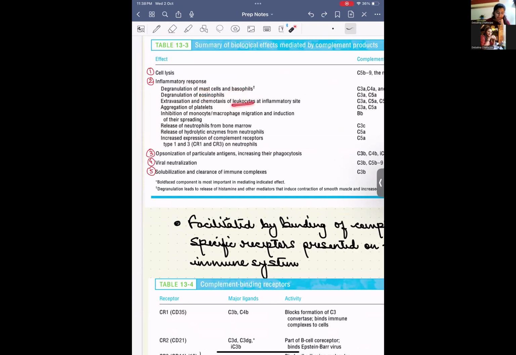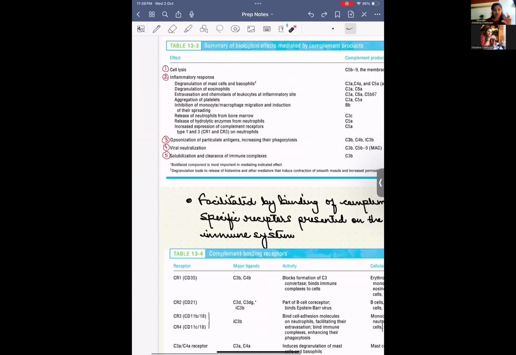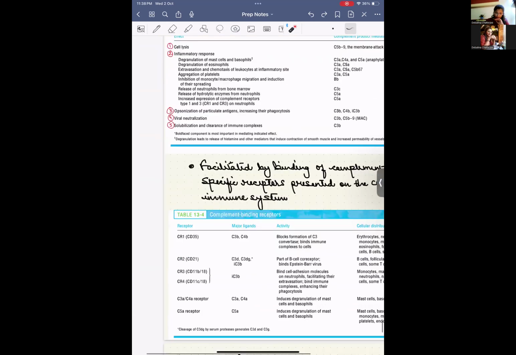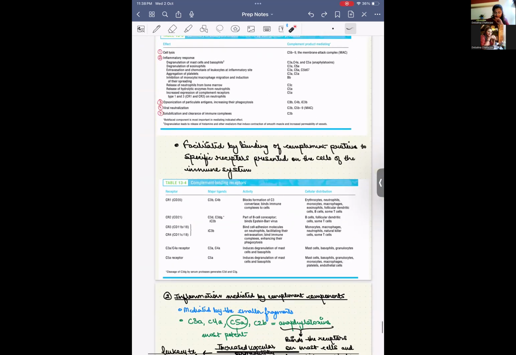It requires a lot of cells to participate in the process. And for any cell to participate in response to certain proteins, the cells have to have some sort of receptors, right?